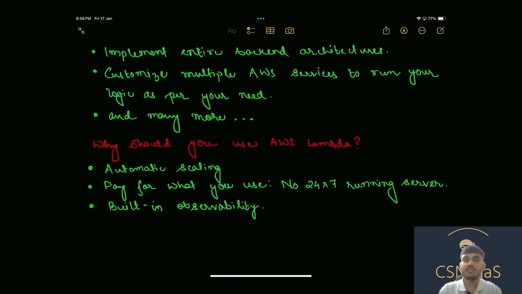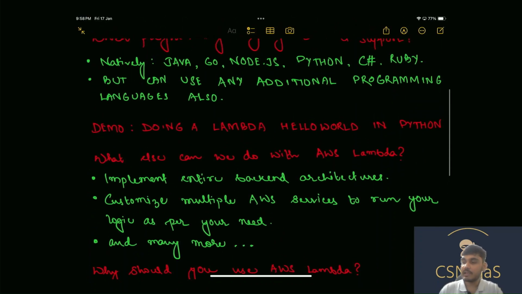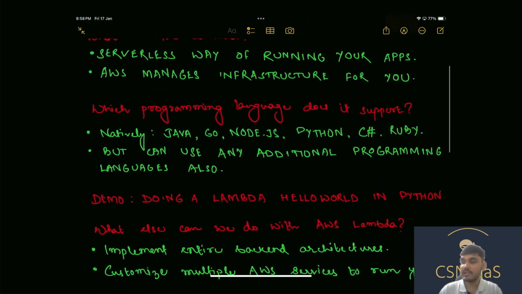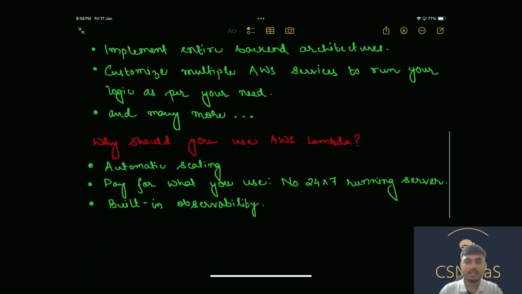But why should you use AWS Lambda? So, the first thing which we are going to talk about is automatic scaling. If you remember, during our initial discussion, I told you AWS manages the AWS Lambda infrastructure for you. So basically what that means is, let's say today you have 10 customers or tomorrow you have 20 and the day after you have 1,000.